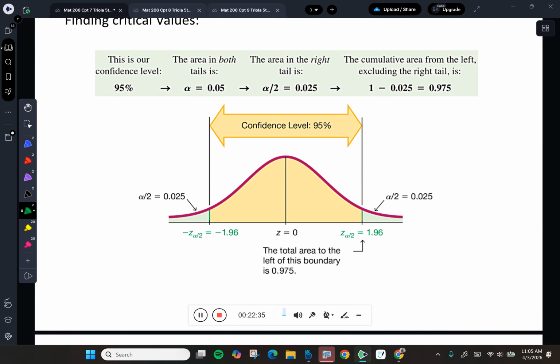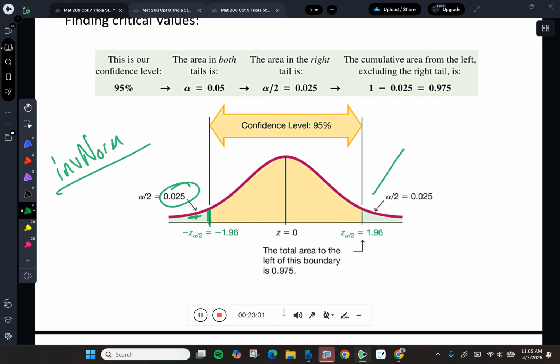Well, we find critical values by using that normal distribution. If we know how much is in the middle, we can find those tails. We can work things backwards like we did in the chapter on normal distributions. We would use that, what was it, inverse norm command to find those. And we could establish that this one over here is found by having the area to the left be that.